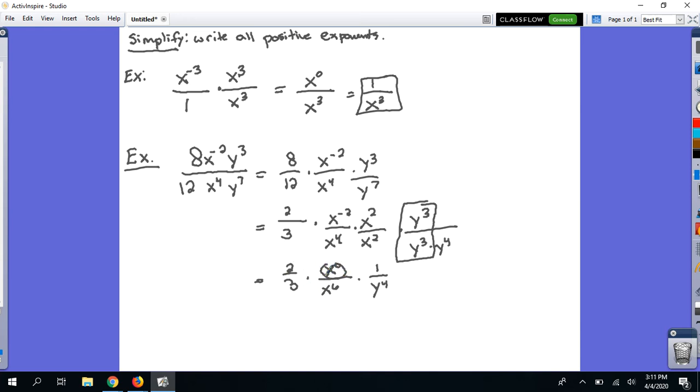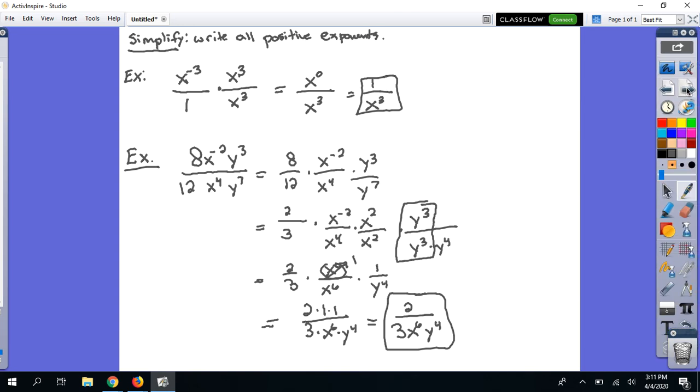X to the 0th is 1. So in the numerator, we really have 2 times 1 times 1 over 3 times x to the 6th times y to the 4th. 2 times 1 is 2. And 3x to the 6th, y to the 4th. That is our simplified expression for that problem.